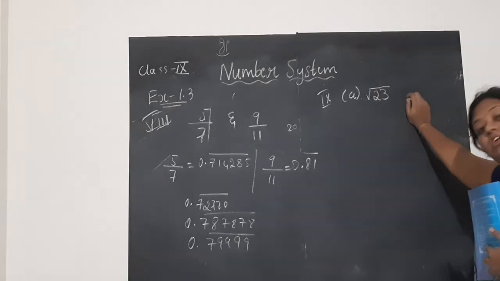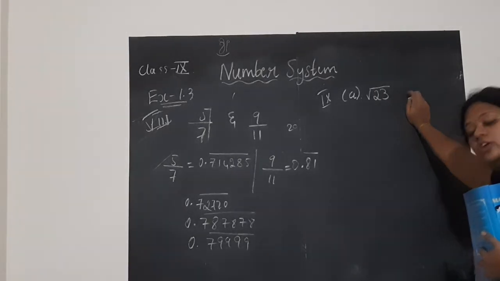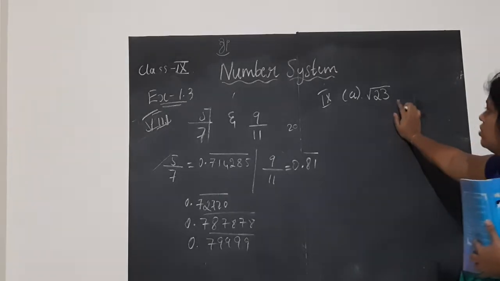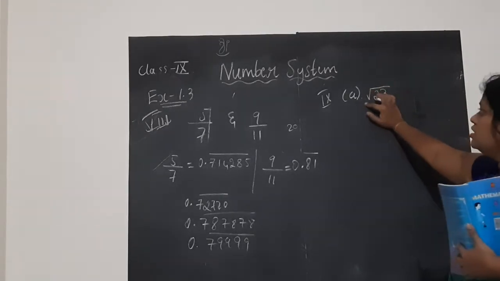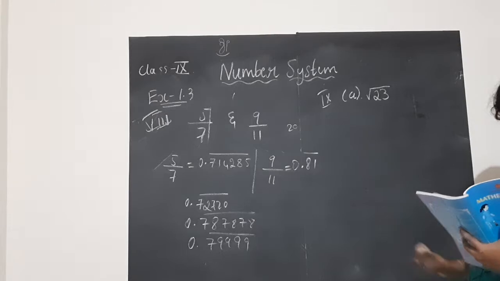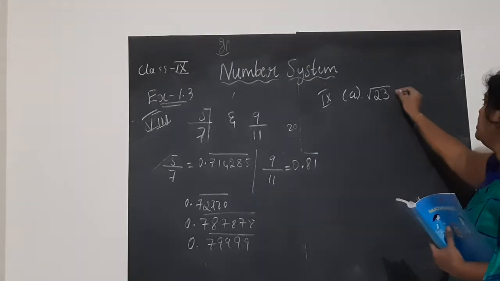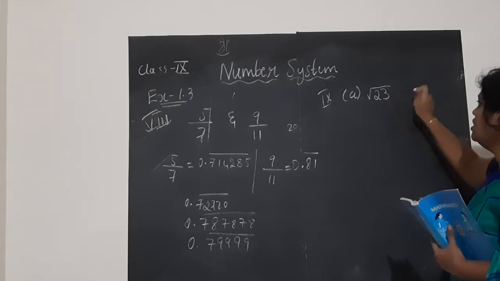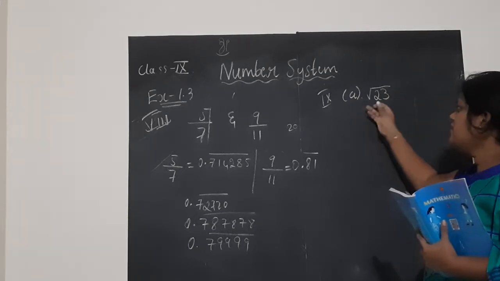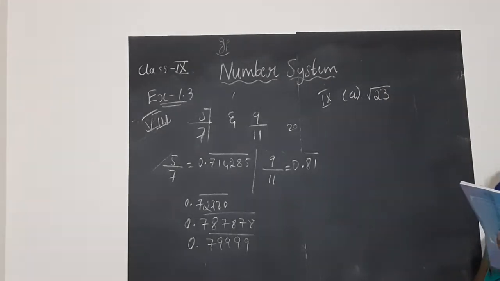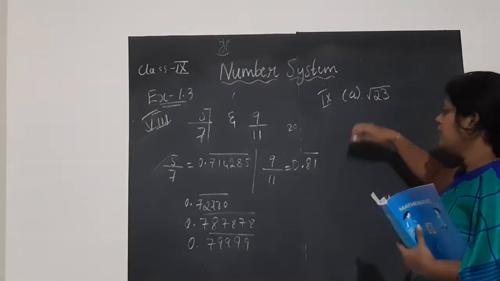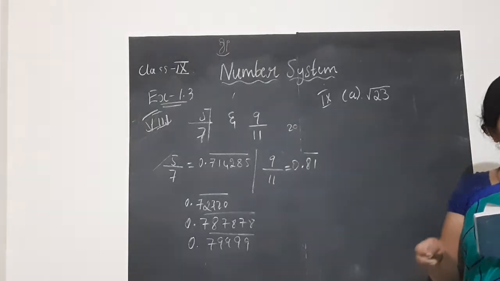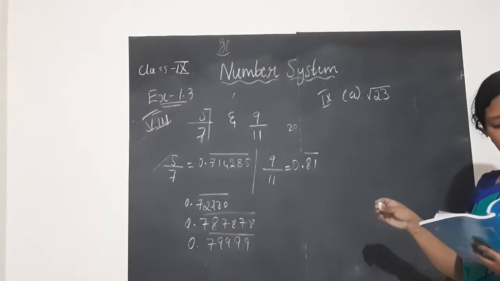Any number which cannot be expressed in the form of p by q, where p and q are integers and q not equal to 0. You can think of it in that way as well. So, square root of 23, directly you can write this is an irrational number since the root is there. So obviously you will get a non-terminating decimal expansion, like that you can write for square root of 23.